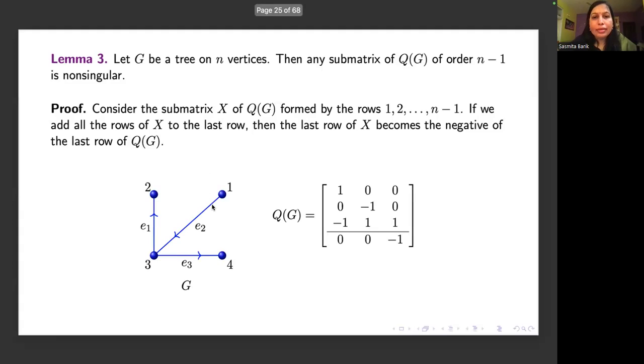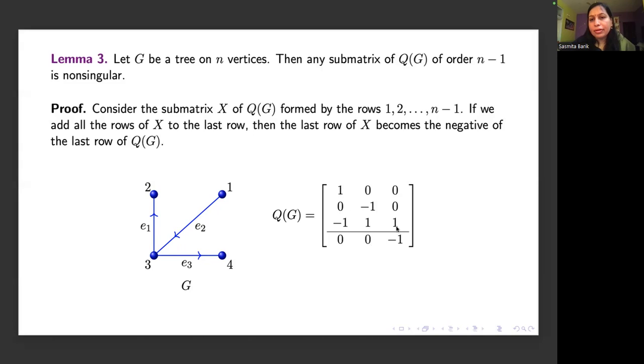Like in this example, you can see, this is a tree and I have the Q_G. If I take this submatrix, this is my X. Now if I add this row, this row, this row, and replace the third row by the addition of all these rows, what you will get is 1 minus 1, which is 0, and that's the same as the last row of Q_G.